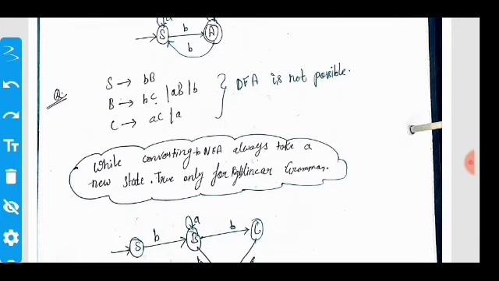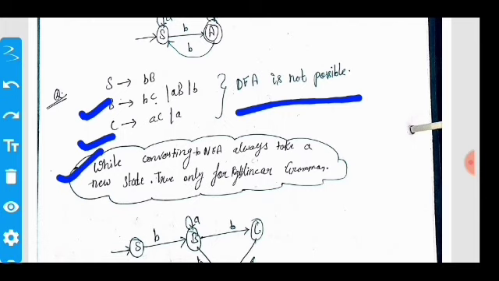Here S produces B, B produces BC or AB or b, and C produces AC or a. This is not possible. Why is it not possible? While converting, an NFA always takes a new state.